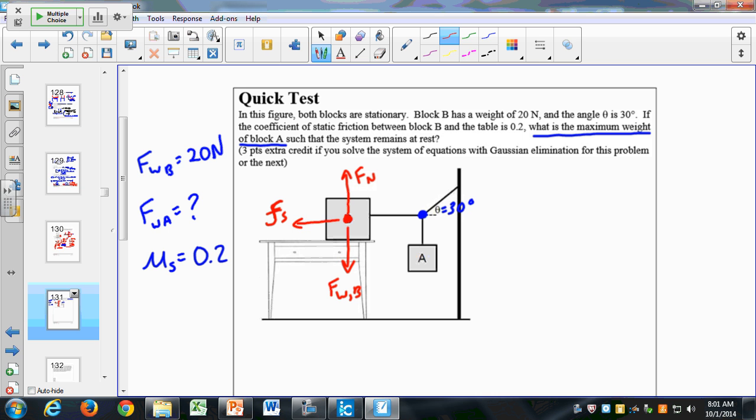And what did you call this, Michael? I'm going to call it FT because it's a tension in the rope. In fact, I'm going to call it FT1 because there will be a second tension at play. All right, so that's my first one. And then what are the forces that are at work on this second point? How many forces are there, first of all?